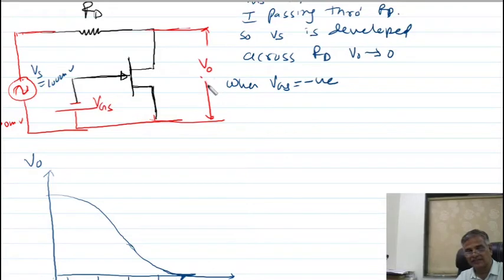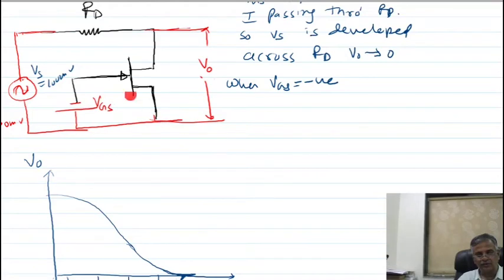Last time, when this is 0, current will flow with maximum voltage drop, so this voltage is 0, because Vs is this plus this. If this voltage drop is maximum, this voltage is 0.